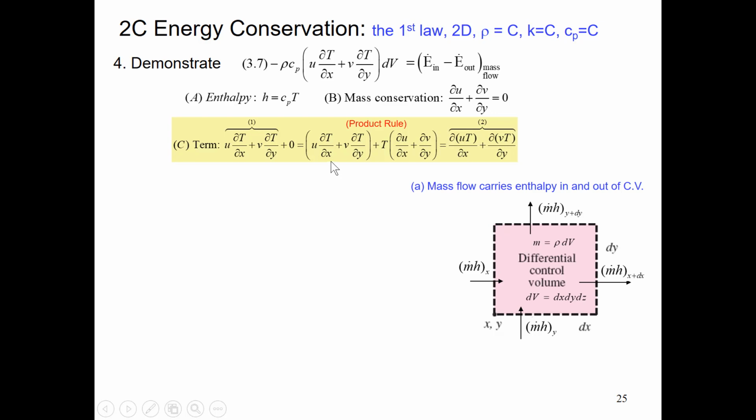Next, we combine the first term and the third term and then apply the product rule to get the new first term. Similarly, we combine the second term and the fourth term and then apply the product rule to get the second new term. We label this term 2.